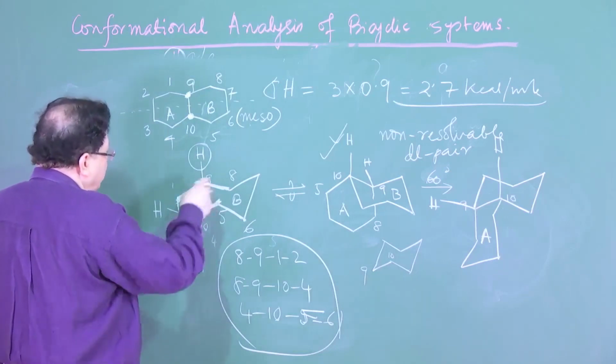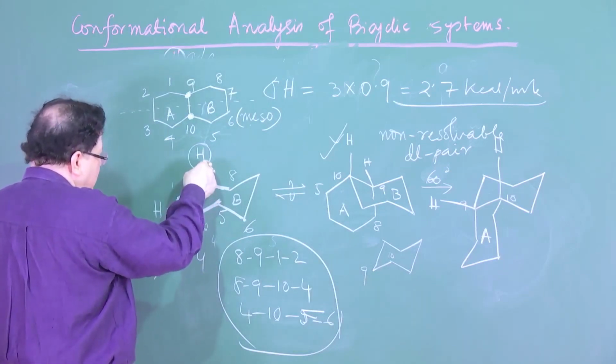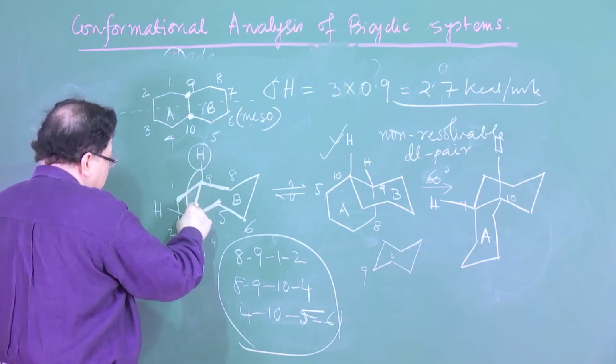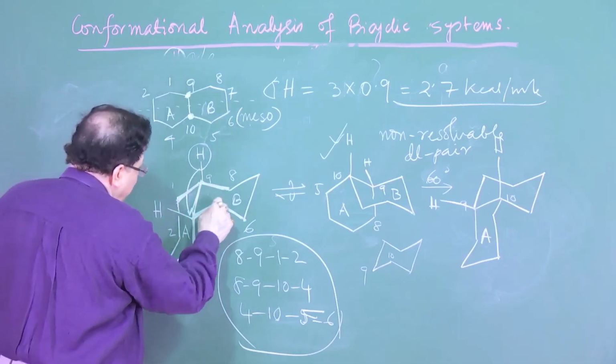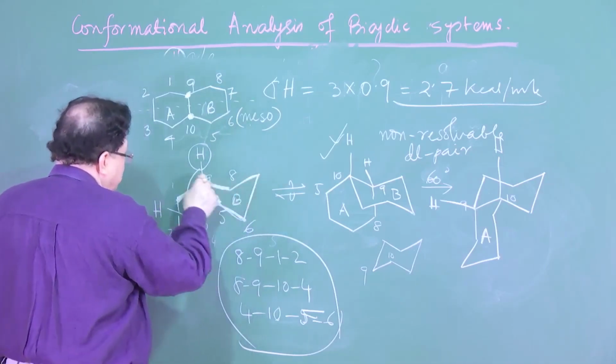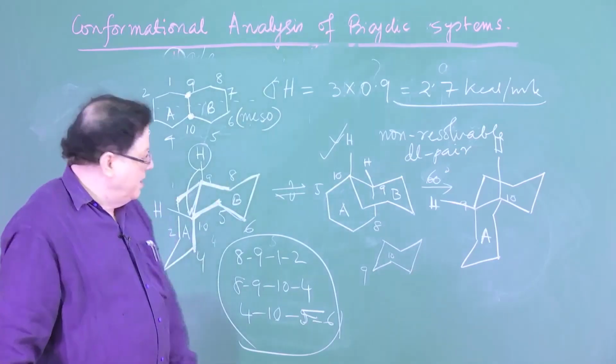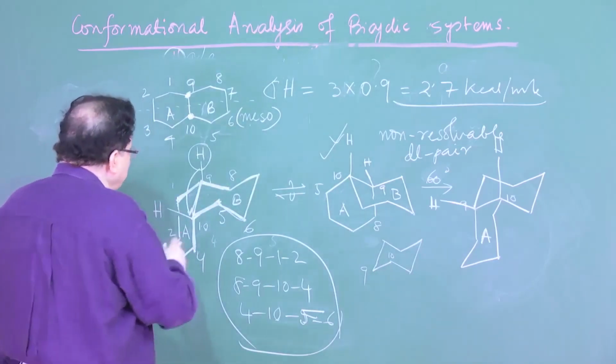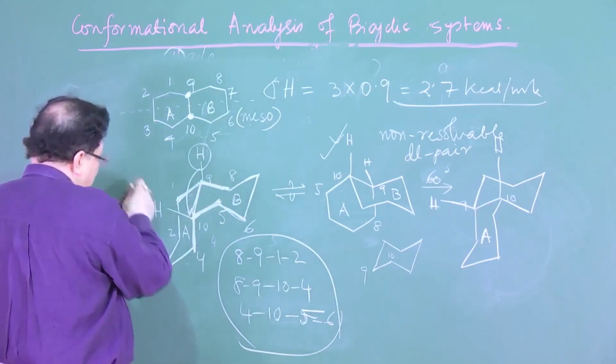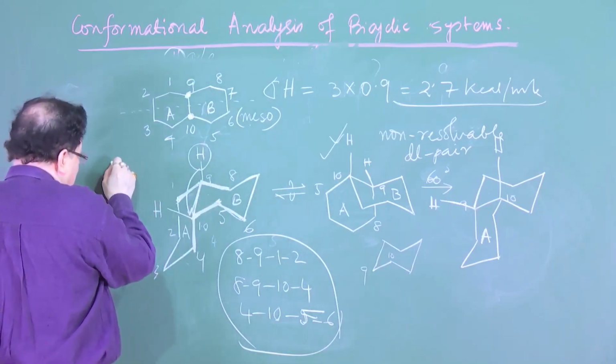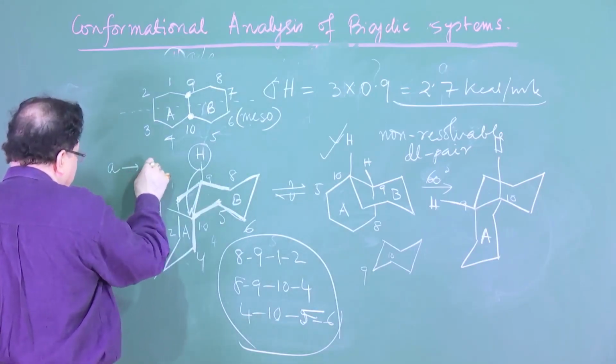First of all, if I decide to go from this hydrogen to the C10 hydrogen and come back by this path, that means via the B ring, then I am going from an axial bond to an equatorial bond.